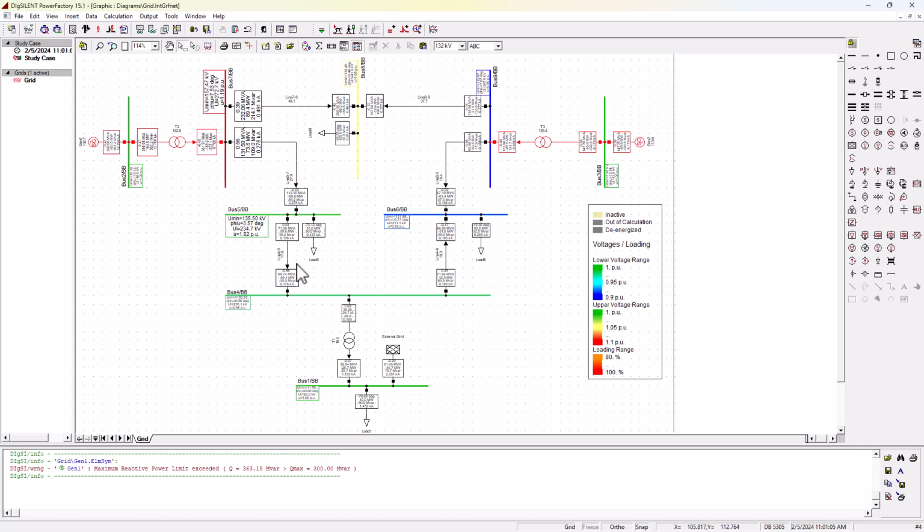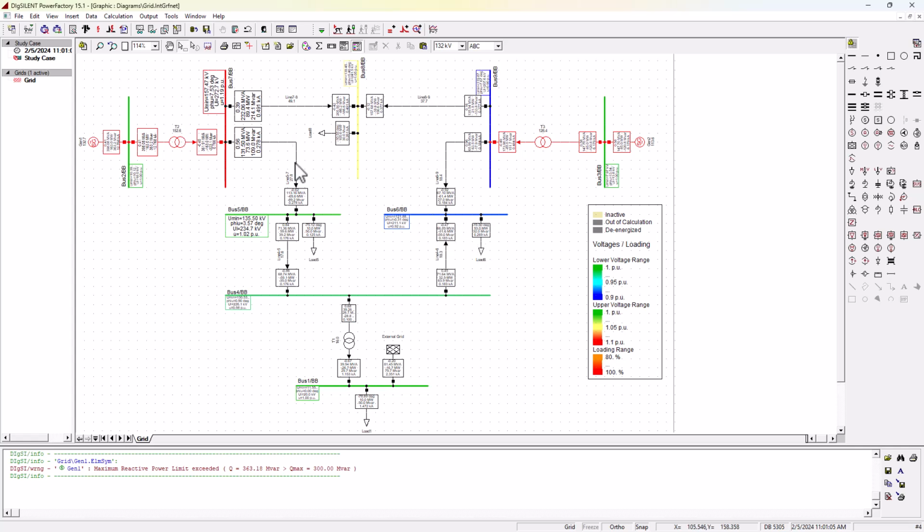Now why is this system underloaded? We can just compare these two busbars. Look at this bus. This bus is sitting at 1.02 per unit, right in the green zone, while this bus is sitting at 0.92, which means it's heavily loaded. And when we compare the load here, this is 10 megawatt and it has 50 MVAR, which means the load here is much less compared to the heavy load on this bus.